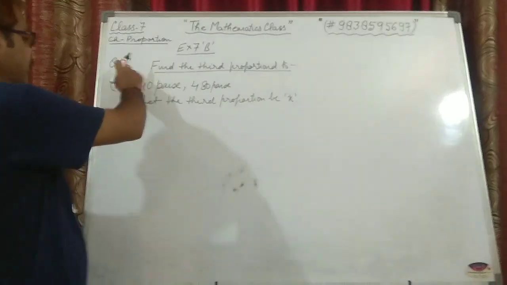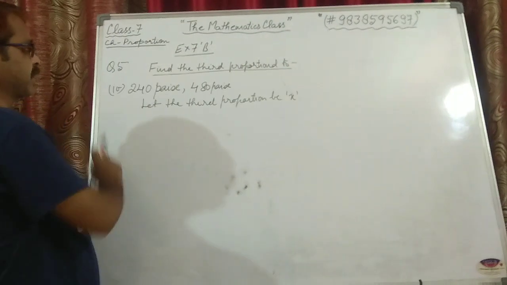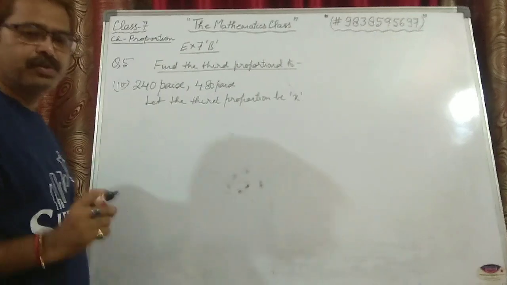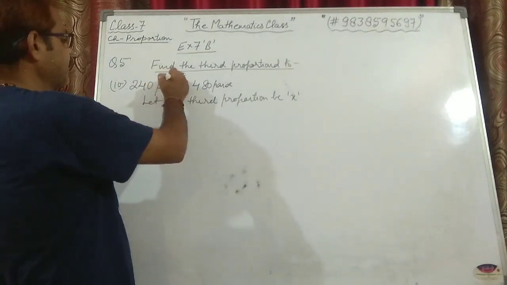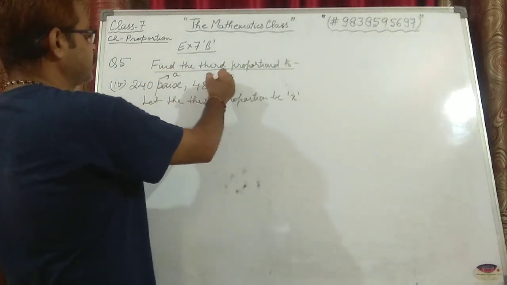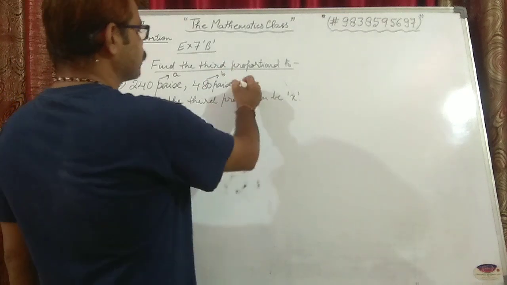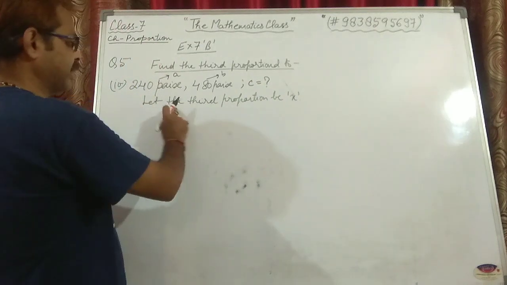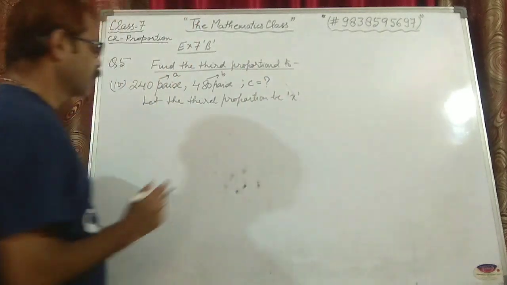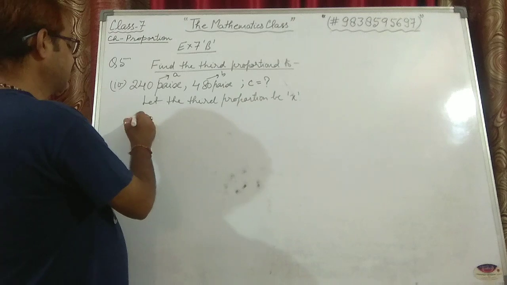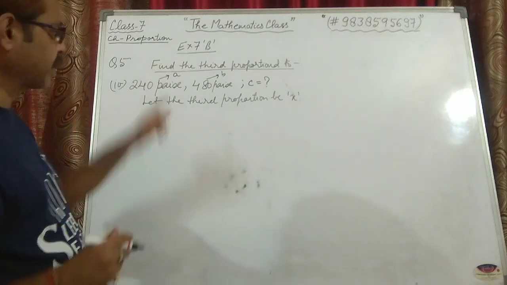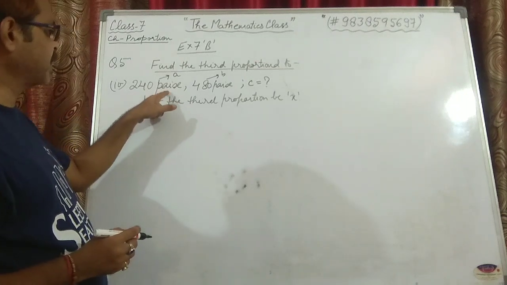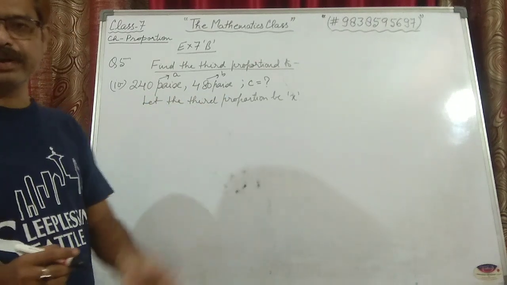Now next part, I am taking the fourth part of question number 5. Find the third proportion to 240 paise, 480 paise. So we know that this is A and this is B. We have to find C, and C can be considered as X. So I have written let the third proportion be X. We know that these are ratios and ratios don't have any unit, so paise will not be written.